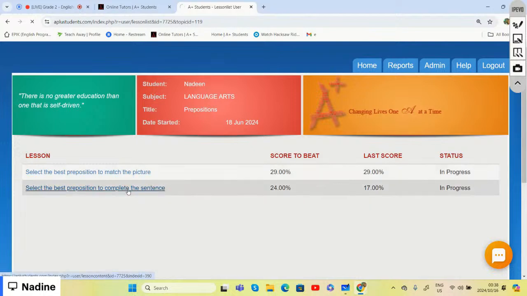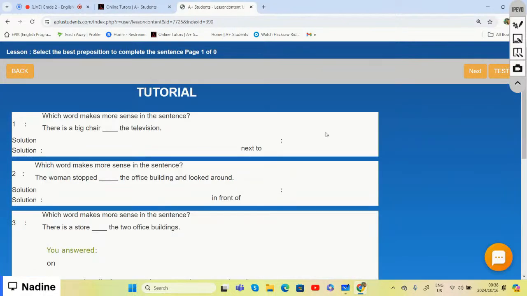So we're going to select the base preposition to complete the sentence. Which means that you are basically just going to look at the sentence and you put in your own things without even looking at pictures.